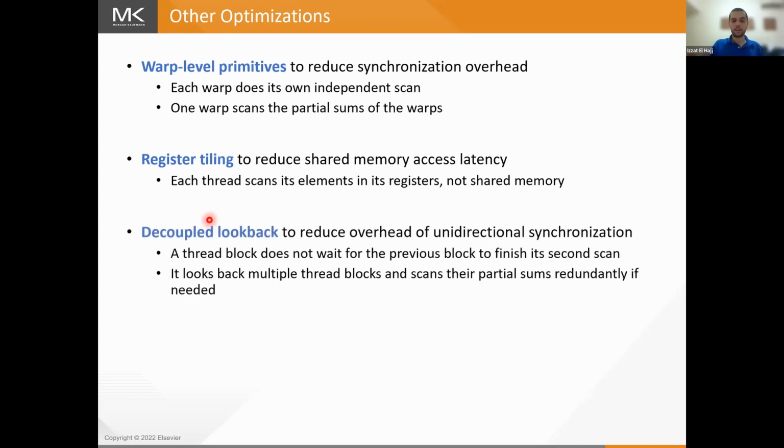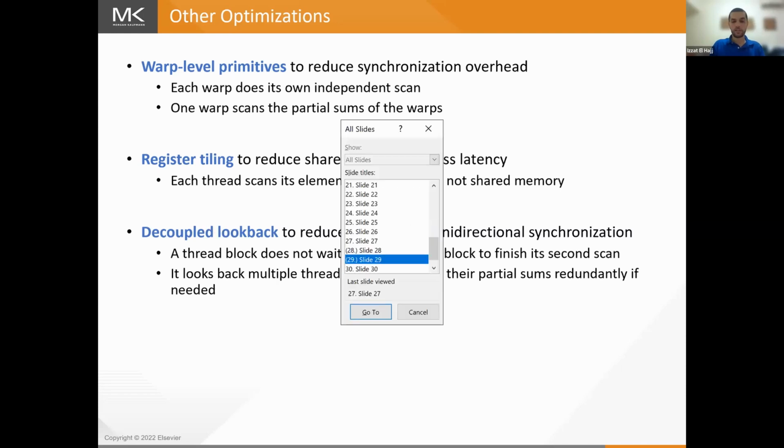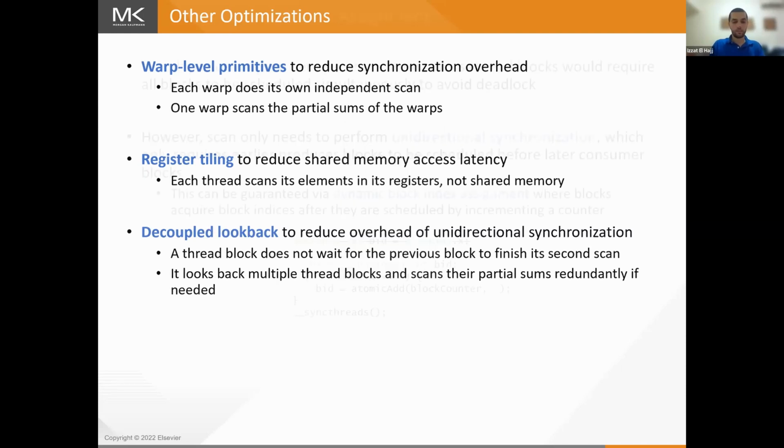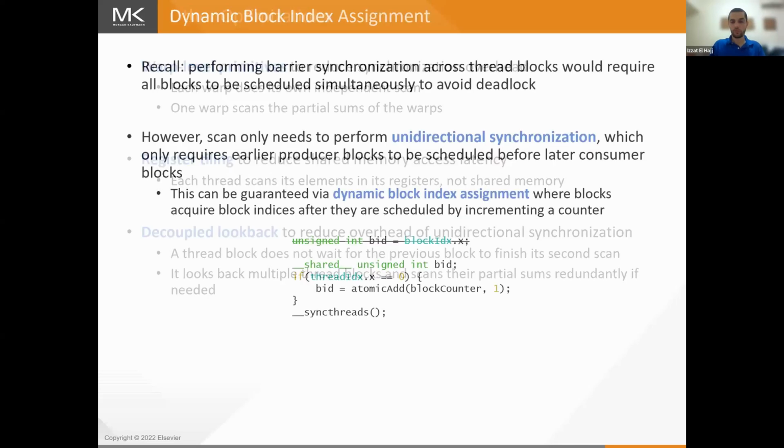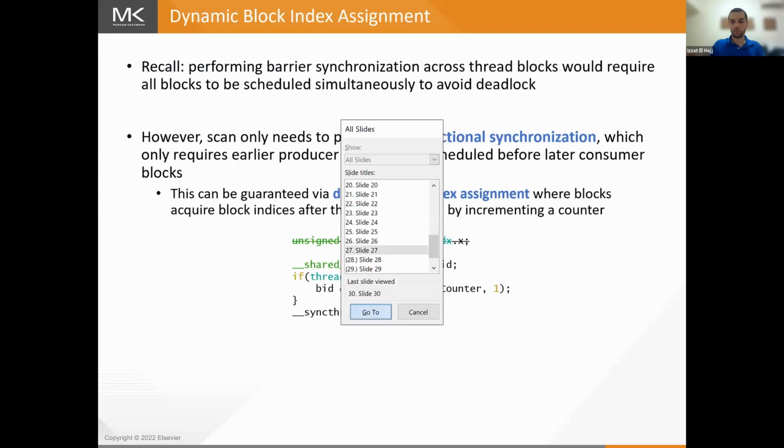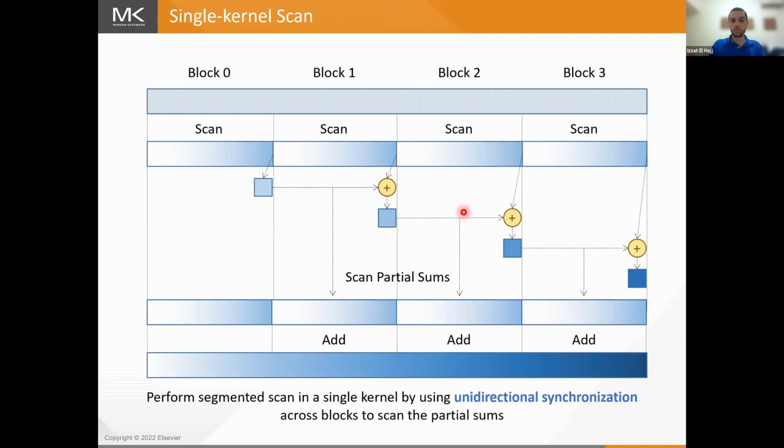And then finally, decoupled look back. That was the code for doing this operation right here. So when I covered this, I told you that we're going to have every thread block wait for the previous thread block, but we actually don't have to do that, right?